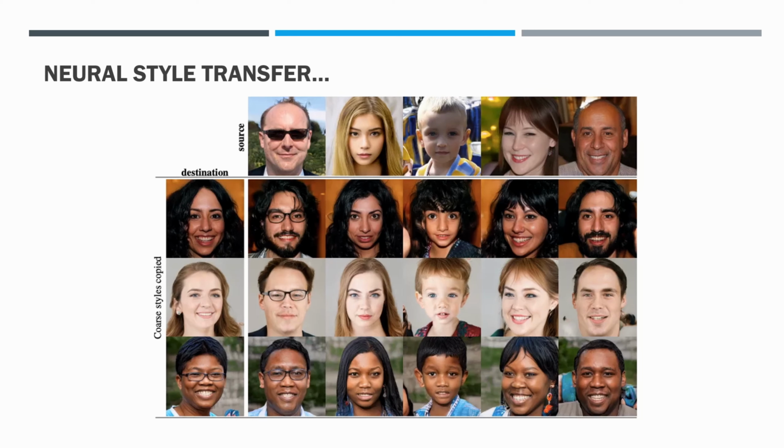So here you can see a set of source images of different people, and the style of those people's faces were extracted out and applied to a set of other images of different people, and the resulting images look like a totally different set of people with the same characteristics of one set of images. So again, I think you can see how much potential this technology has.